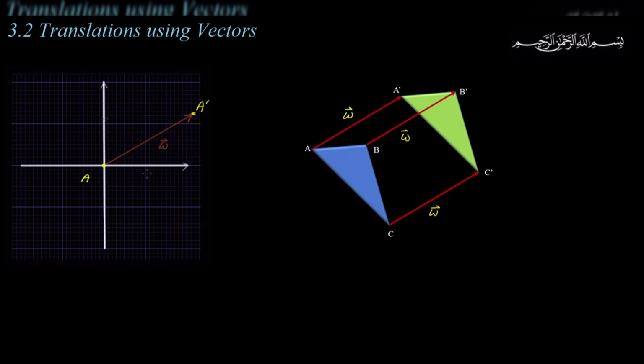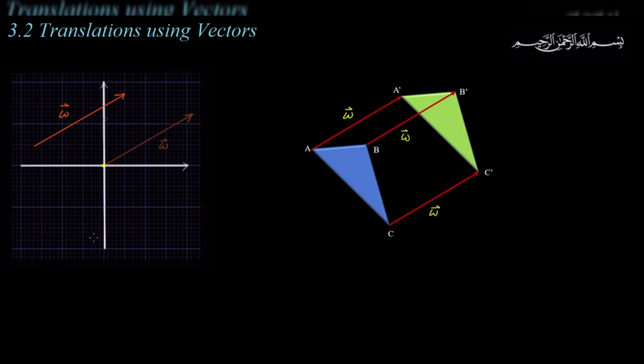Okay, now a couple of things about vectors. Now I can move this vector. The beauty of vectors is that you can use them to move things, right? So if I move this vector anywhere along the Cartesian plane, making it the same length as this one, it would still be vector w.